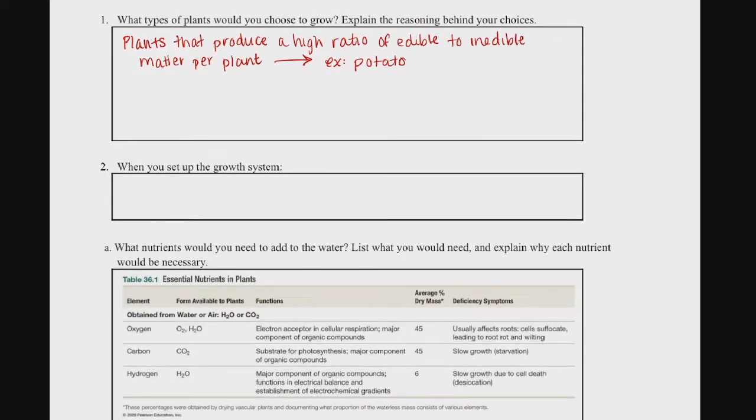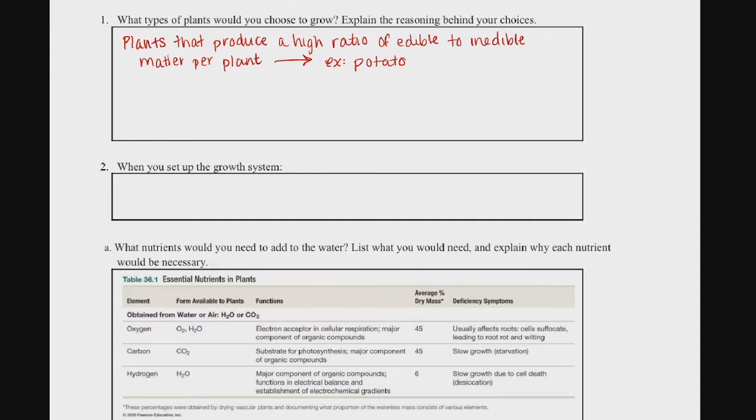So, when the growth system is set up, question 2 is basically not necessarily a question, but supposed to be something to lead us through the rest of the exercise. Just so you know, minimal answers to the following questions are provided. Most of it just comes from the tables that we're showing you. So, part A of 2: What nutrients would you need to add to water?